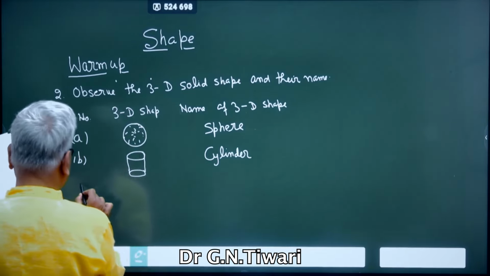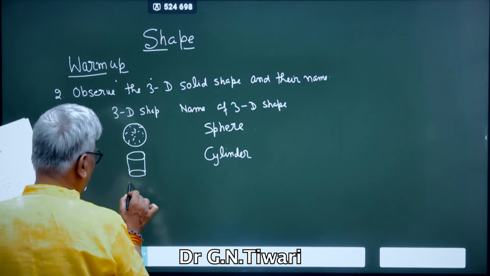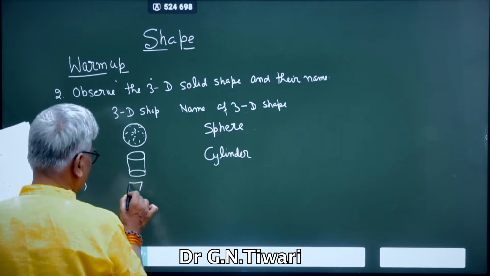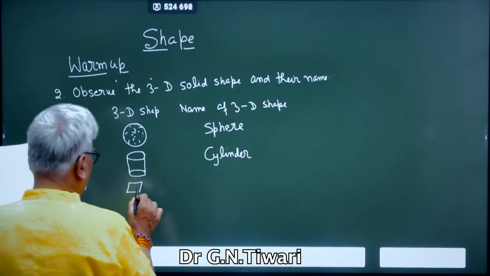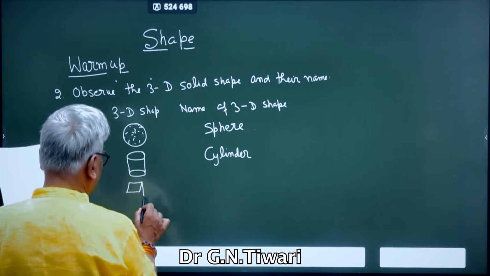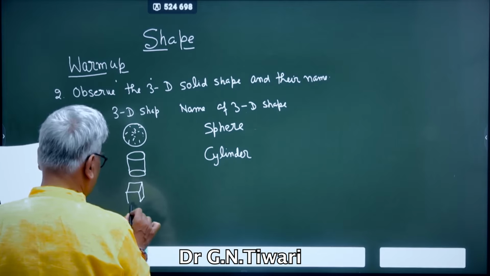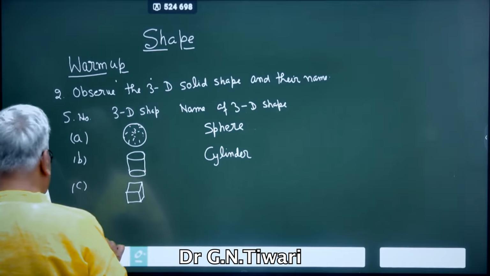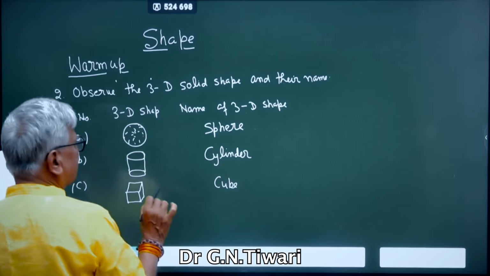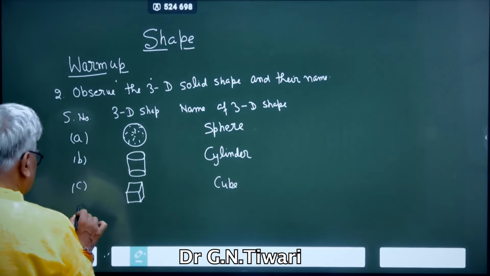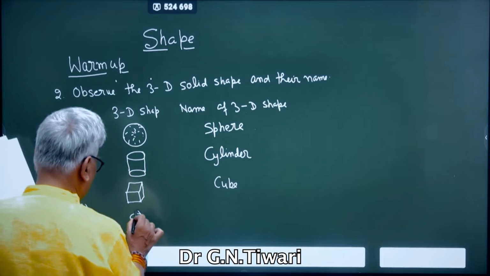Then C, cube. For cube, you have to just make a square like this, tilted square. Then also draw a line here, equal here and here. Join it, join it. So it is a cube. In cube also, all sides are the same. D. Make this like here, cone.